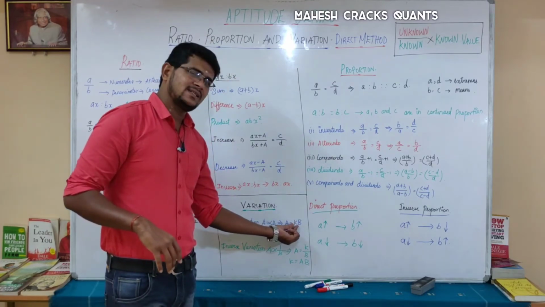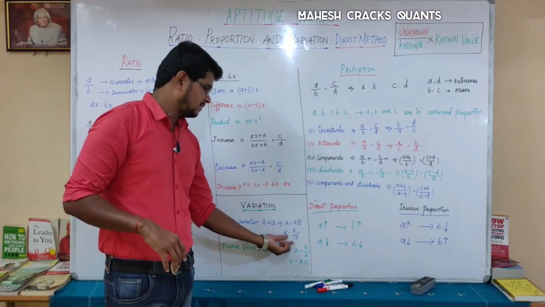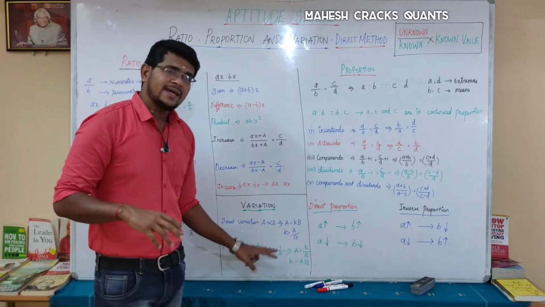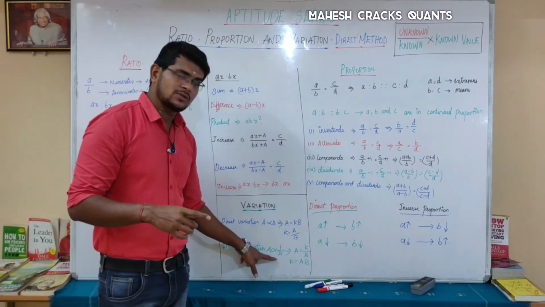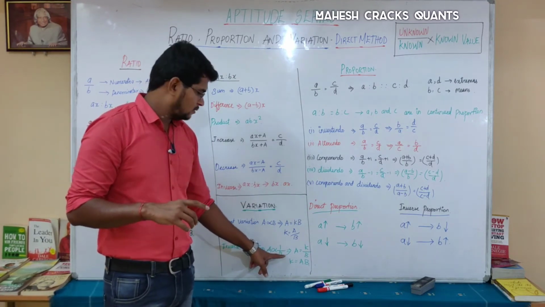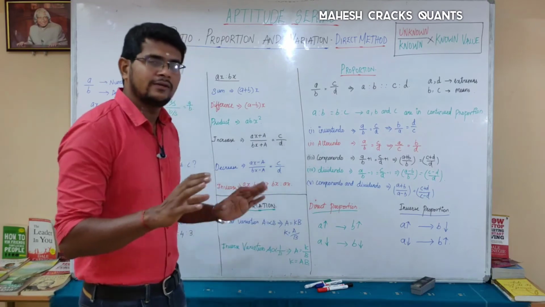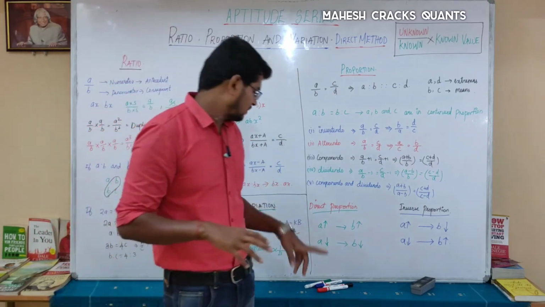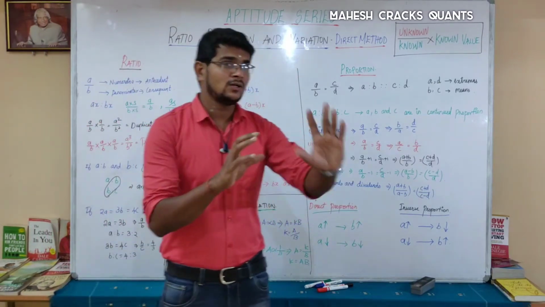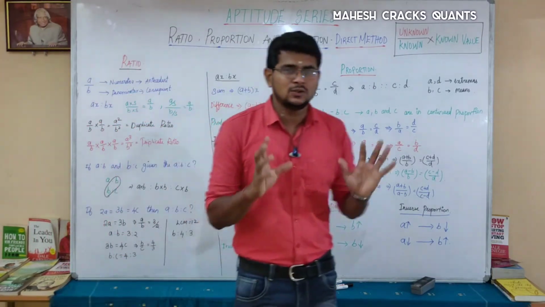If we want to find the K value, A divided by B will be the K value. Next, inverse variation: A is inversely proportional to B, which means A is proportional to 1 by B. If you equate this, A equals K by B. K is a variable. If you want K, then A into B is the answer. That's all. These are the basic things that you should know.